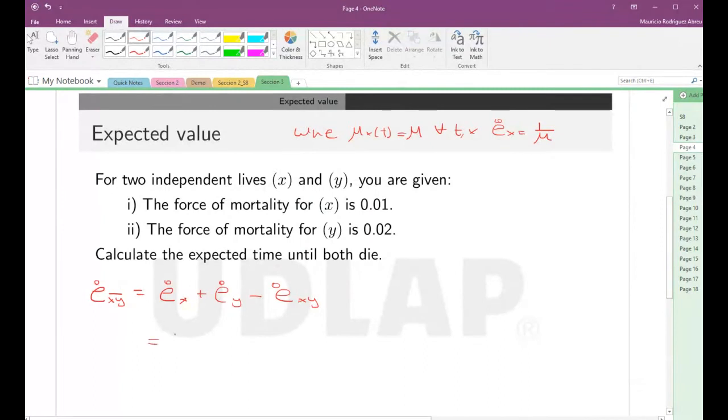So this is 1 divided by force of mortality for X, 0.01. Then 1 divided by force of mortality for Y. And what happens for the next one?